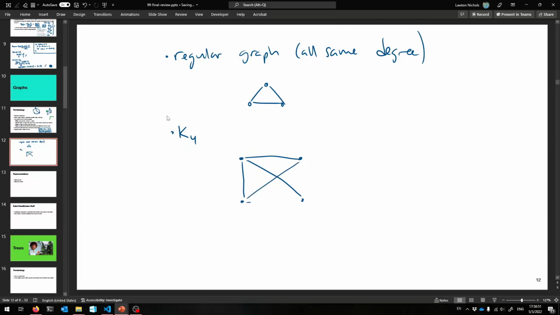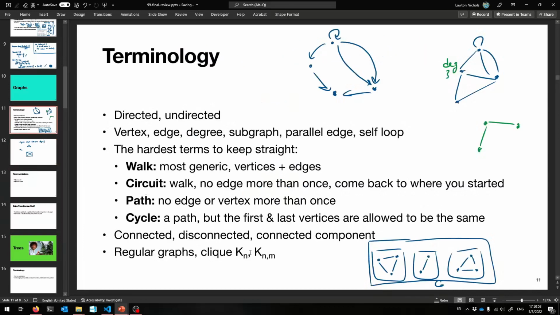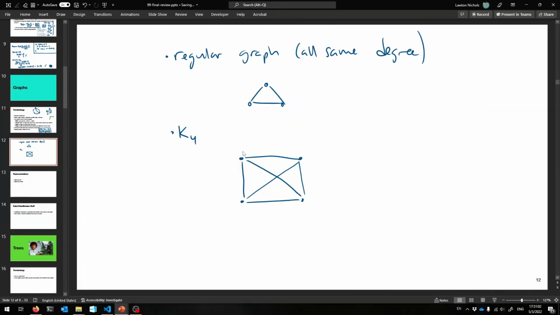I guess the only one that's missing is this. So that's K4. That's a clique. Everybody is so close to everybody. They all touch each other. There's a way to get from every node to every other node along a single edge. And so this is by definition a regular graph. It's just a cooler one. Technically also regular.